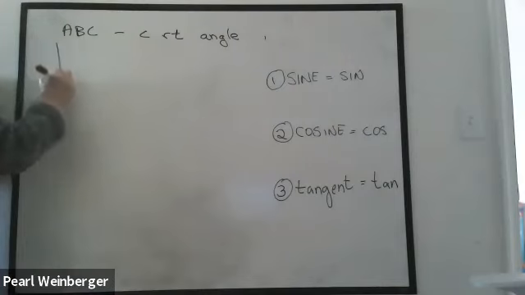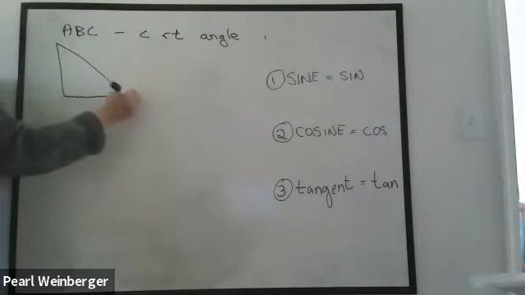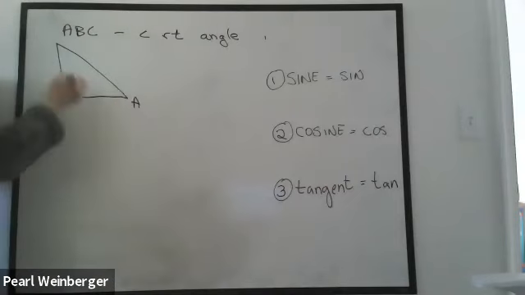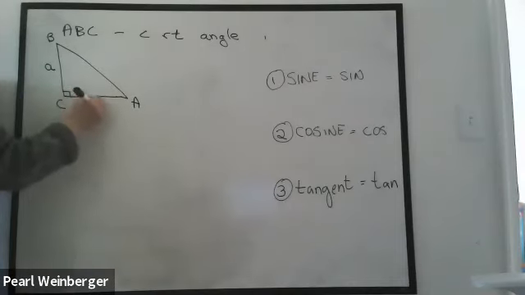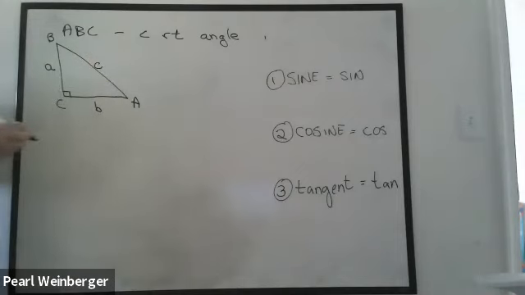So here's my standard right triangle that we've been using all along, where we put the A at the base, the B at the top, and the C at the right angle. And this is the small a, this is the small b, and this is the small c. I don't know what the exact sizes of these sides are, but these are the names of the sides.